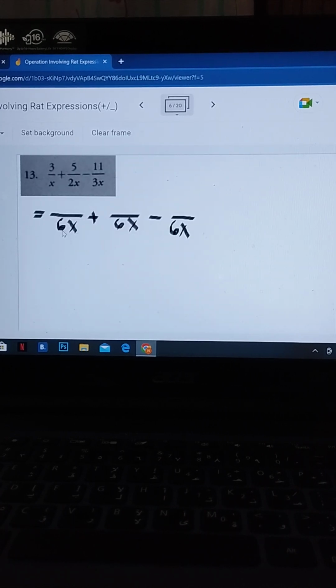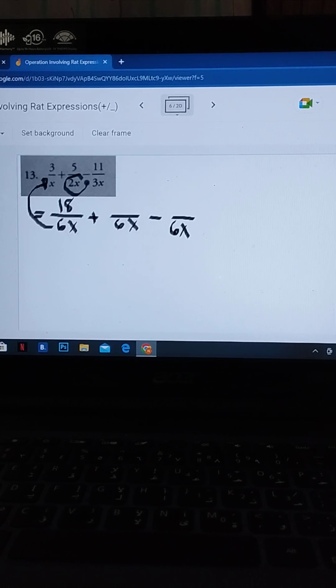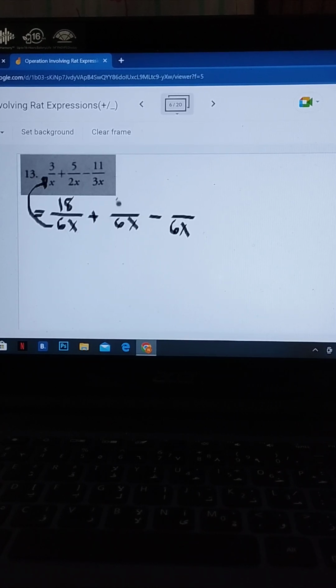Okay, so next is 6x. The LCD of x, 2x, and 3x is 6x. So we change the fractions to similar fractions having the same denominator. 6x divided by x is equal to 6, times 3 is 18. 6x divided by 2x is 3, times 5 is 15.